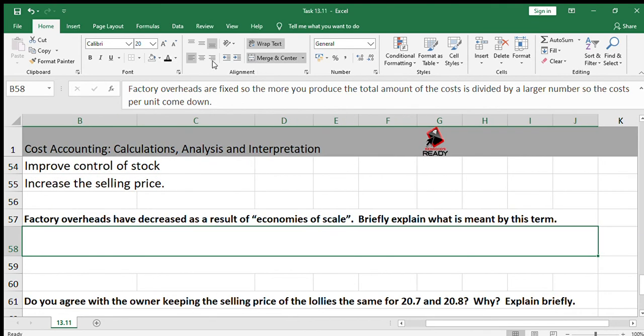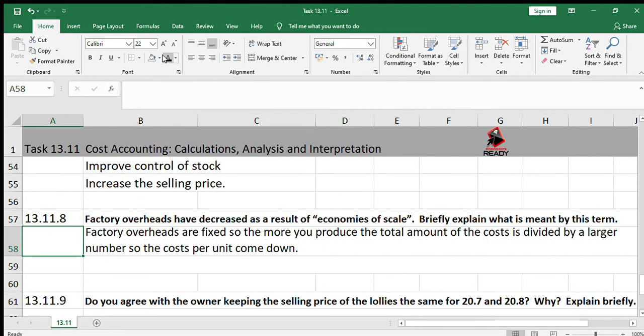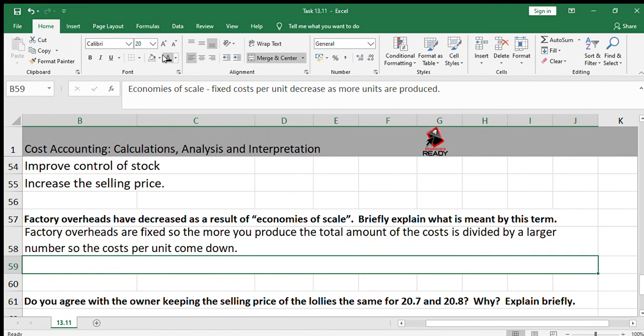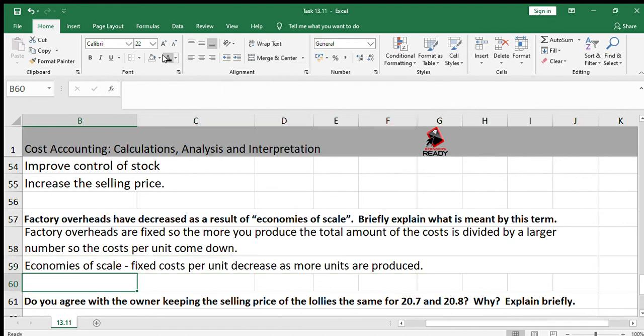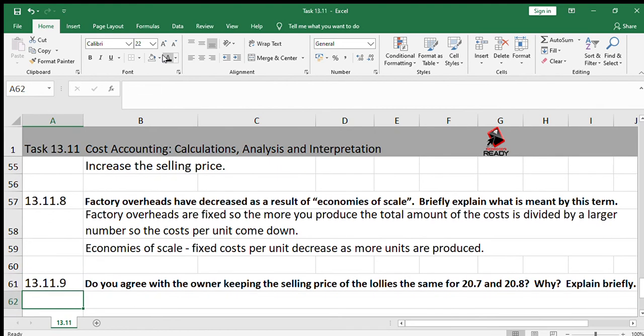Okay, so factory overheads are fixed. So the more you produce, the total amount of the cost is divided by a larger number. So the cost per unit comes down. So that is exactly what economies of scale means. Another way of saying it, fixed costs per unit decrease as more units are produced.